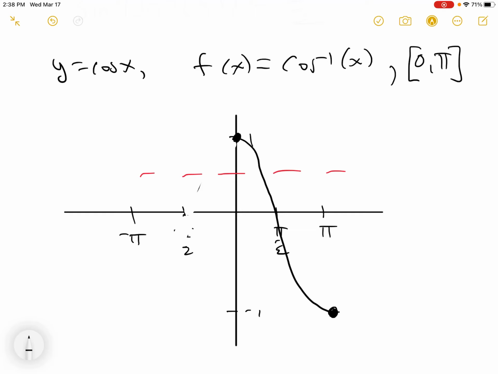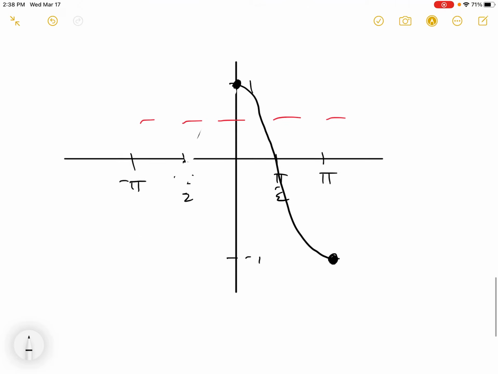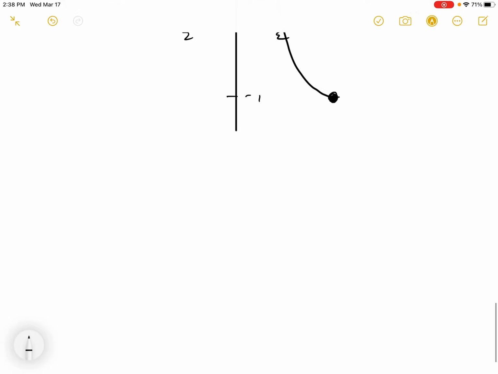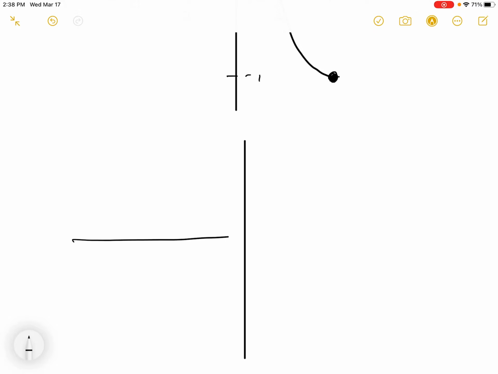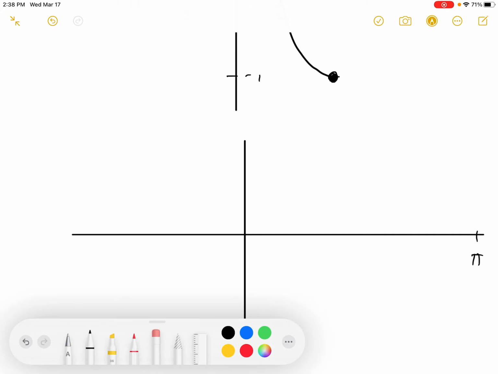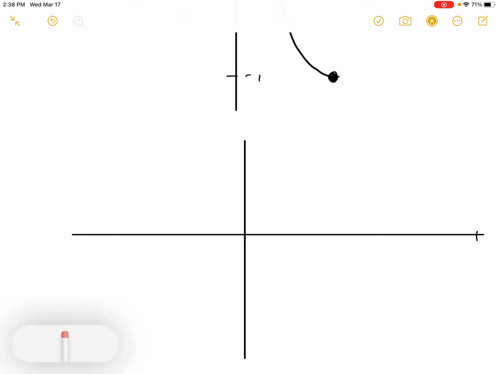So cosine inverse of x is restricted to from 0 to pi. Quadrants 1 and 2. And when we graph it, oops, did it again. It's hard to think backwards.